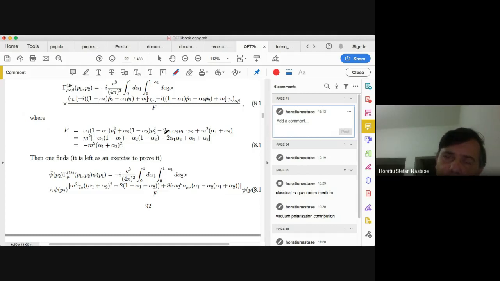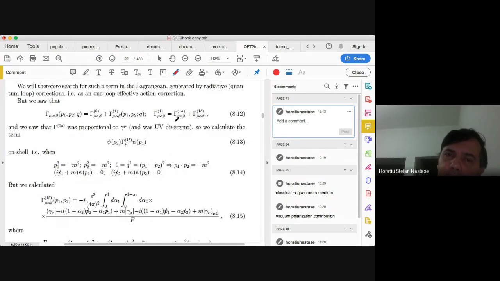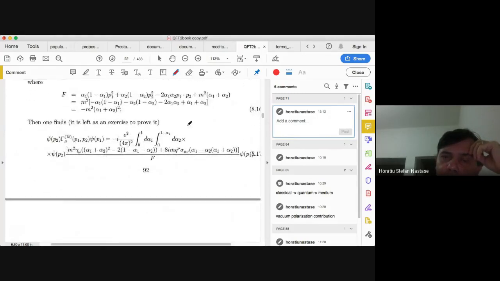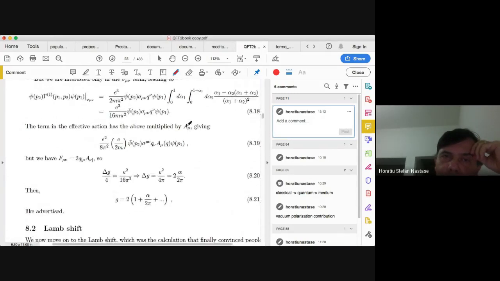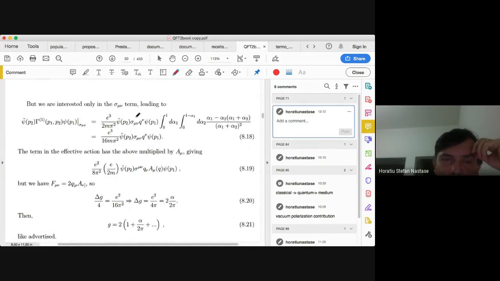There's some correction from gamma 1A, but gamma 1B will certainly be there, as being constant, as being finite, and so you add this term proportional to e cubed over m, and so it's of the form that I expect: psi bar sigma mu nu q nu A mu psi multiplied with e over 2m, and now the loop correction factor is e squared over 8 pi squared.